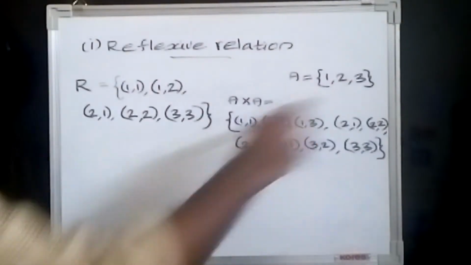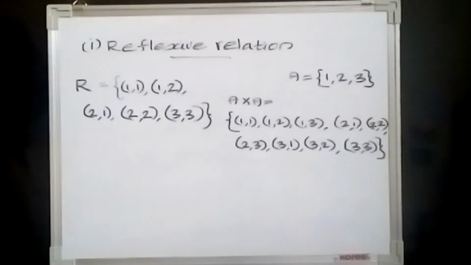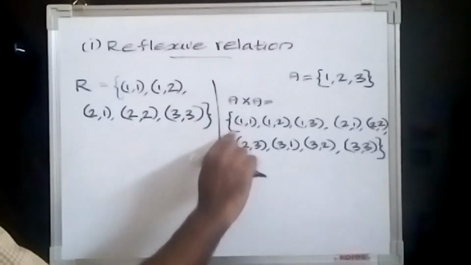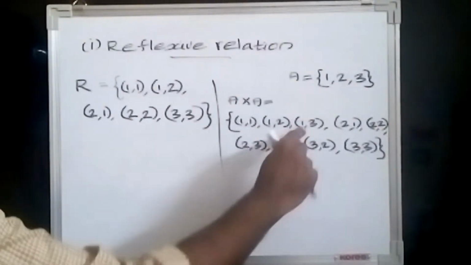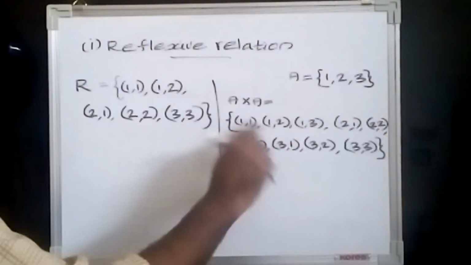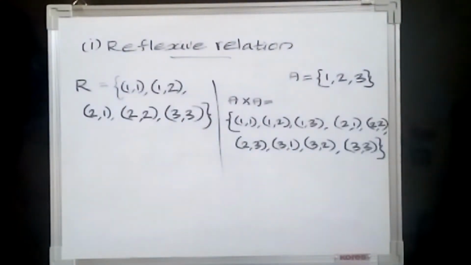Consider the set A equal to {1, 2, 3}. We discussed earlier A equal to {1, 2, 3}. We have A cross A equal to {(1, 1), (1, 2), (1, 3), etc., (2, 3), (3, 3)}. A cross A contains 9 elements. And we know that every subset of A cross A is a relation from A to itself.